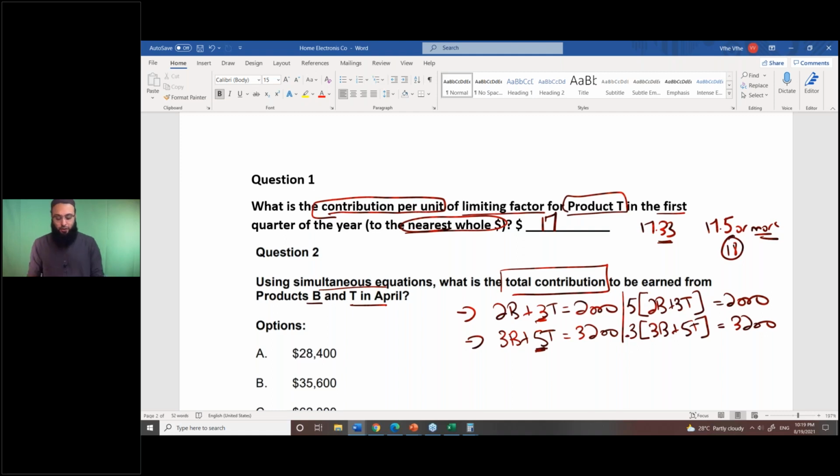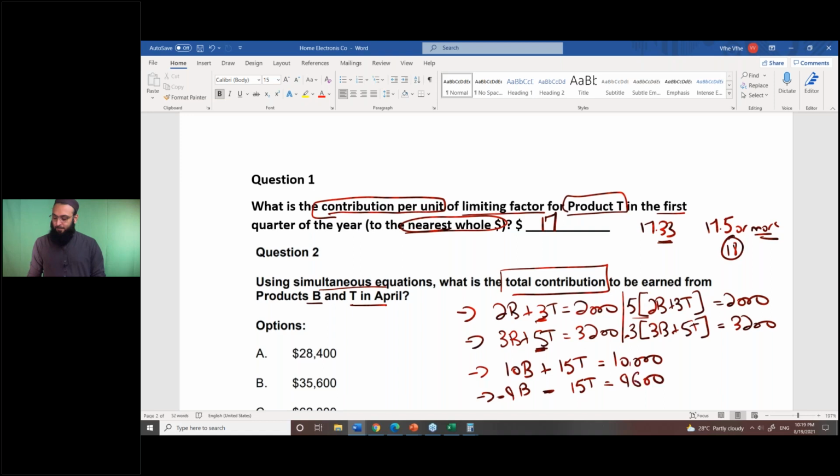So let's solve this further. What will be the situation? Equation 1: 10b plus 15t equals 5 2s are 10,000, right? Second: negative 9b minus 15t equals negative 9,600.